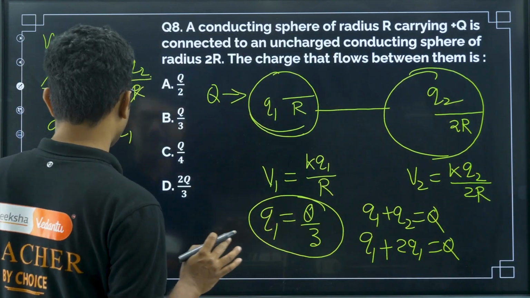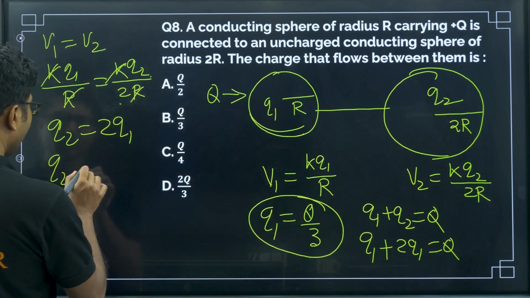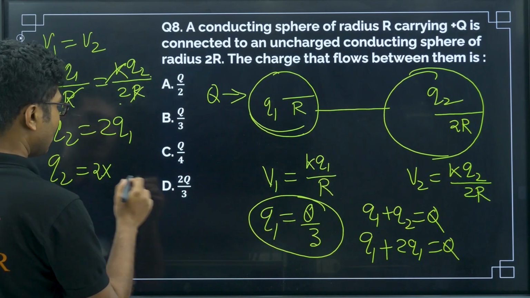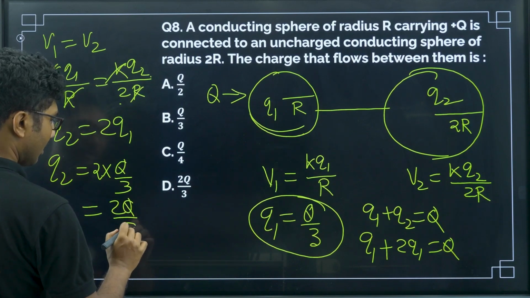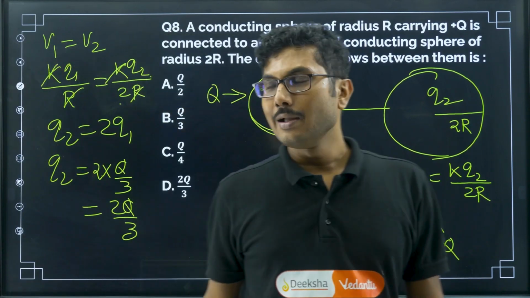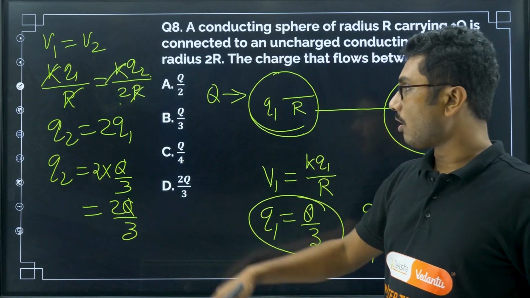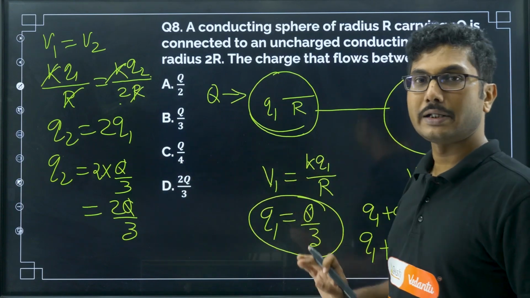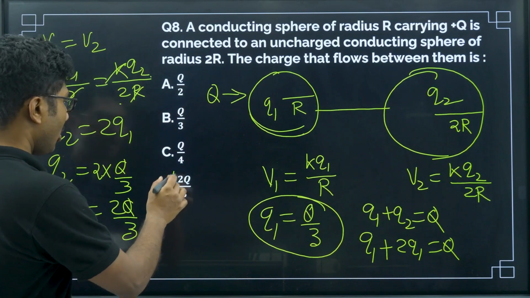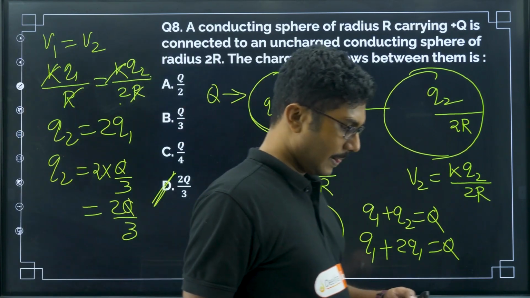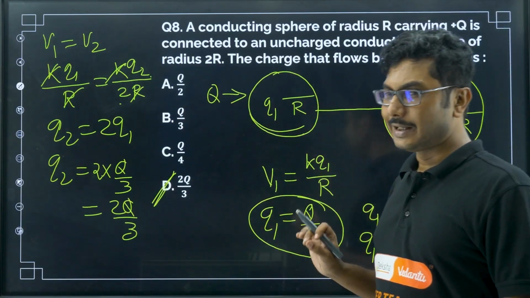So Q2 is 2 times Q by 3, that is 2Q by 3. You can calculate it by subtracting from Q1 or using this method. Both methods give the same value. So the correct answer is option D. This is a simple but a little bit tricky question.